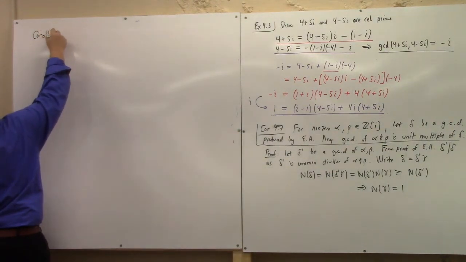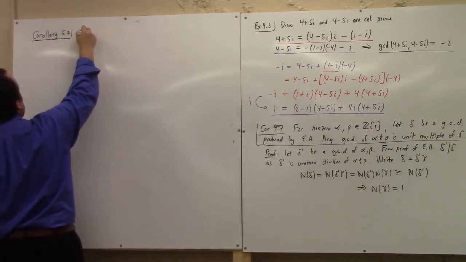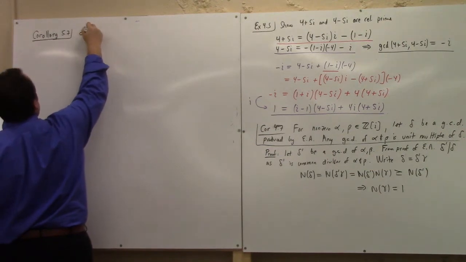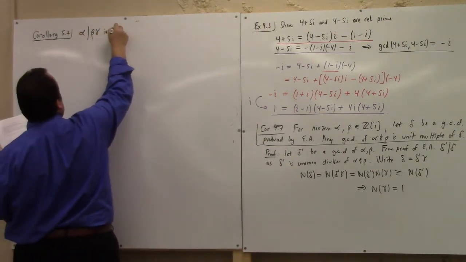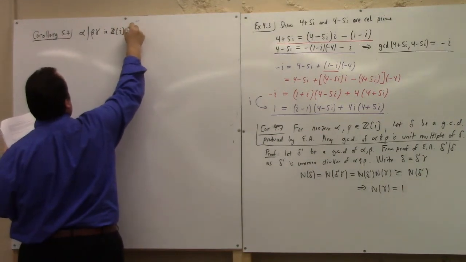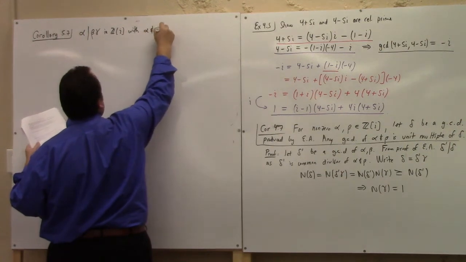Well, I don't know, these are actually pretty easy. Alpha divides beta gamma in Z[i] with alpha and beta relatively prime.